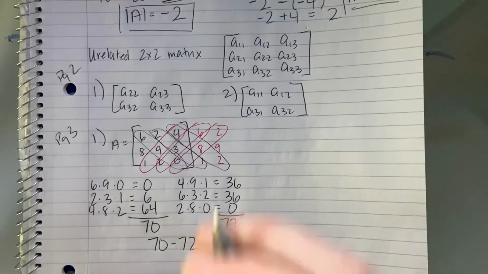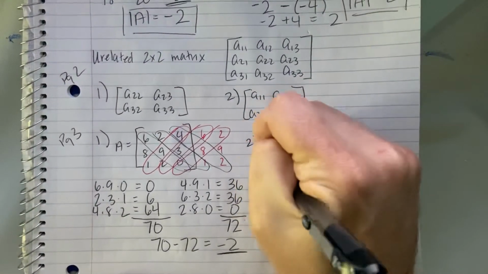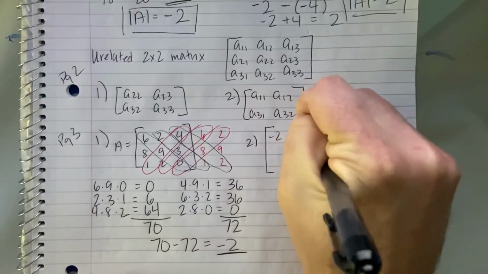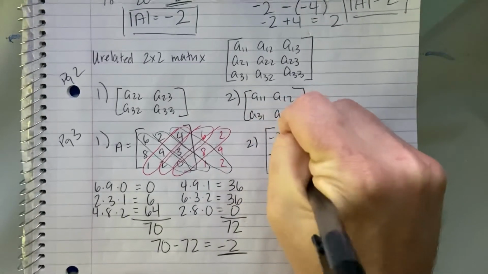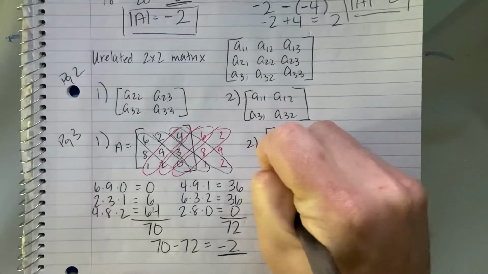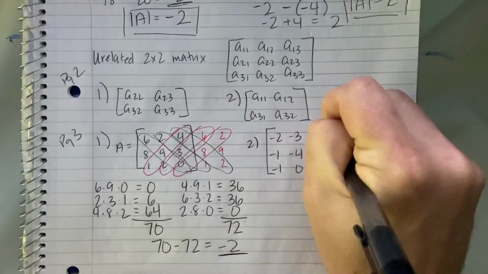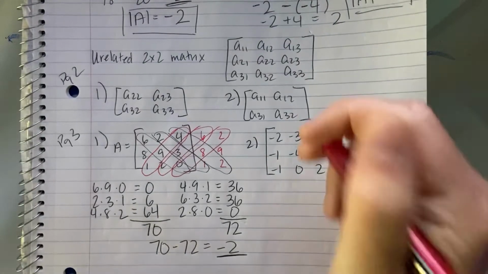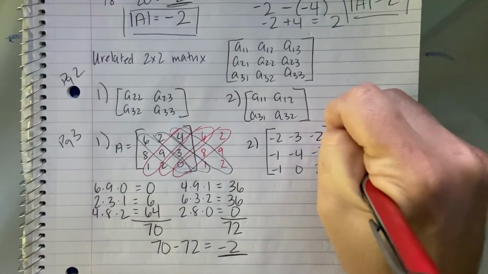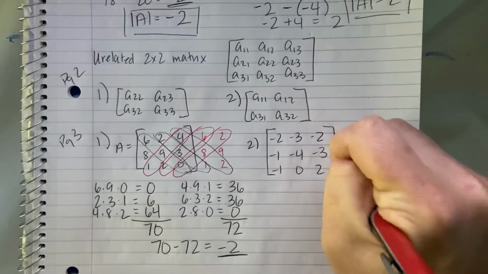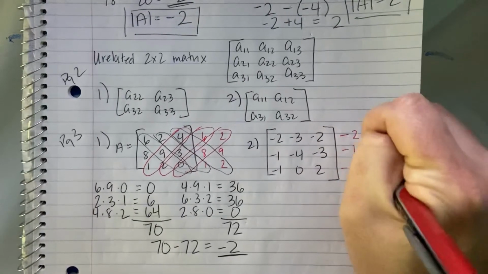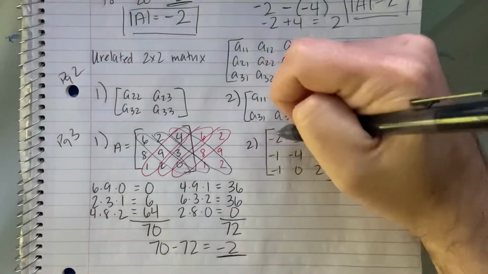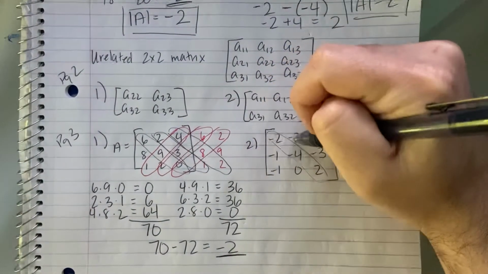So let's look at number 2 and do the same thing. Negative 2, negative 3, negative 2, negative 1, negative 4, negative 3, negative 1, 0, 2. So again, write the first 2 columns again. Negative 2, negative 1, negative 1, negative 3, negative 4, 0. And we'll do the left to right diagonals.